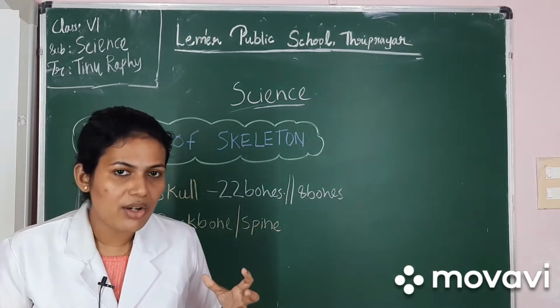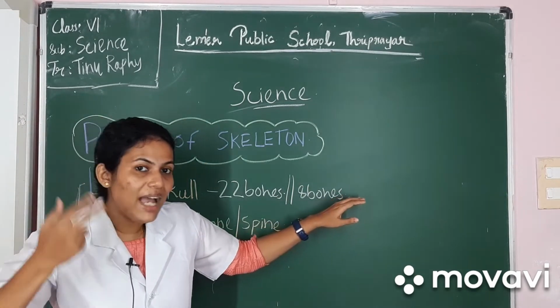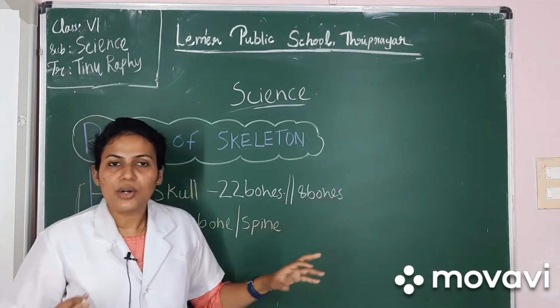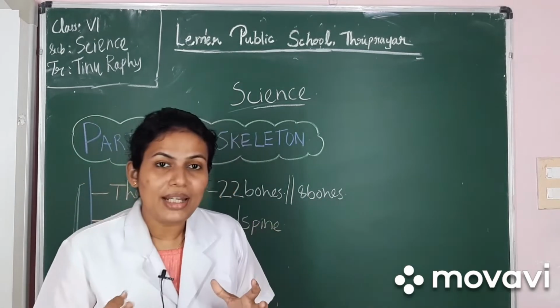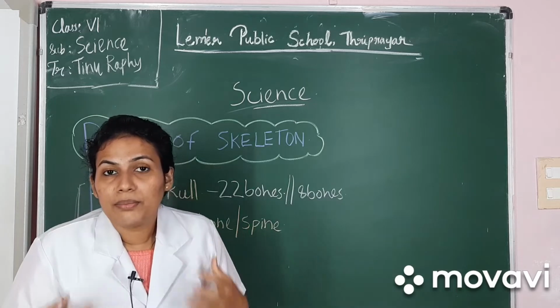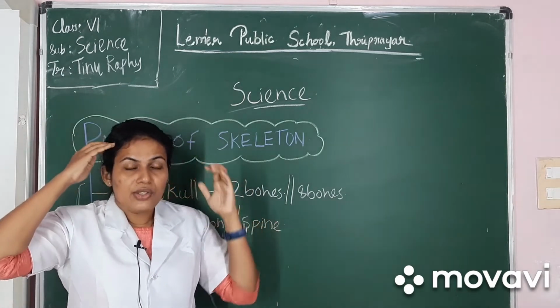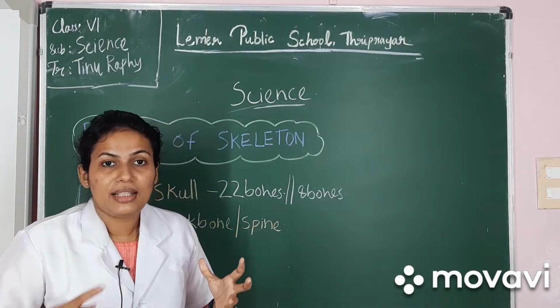Those 8 bones are flat in nature, and the function of this brain box is to protect the brain. We know our brain is situated here. So the brain is protected by the brain box.